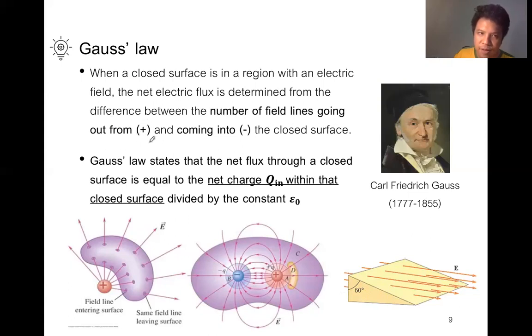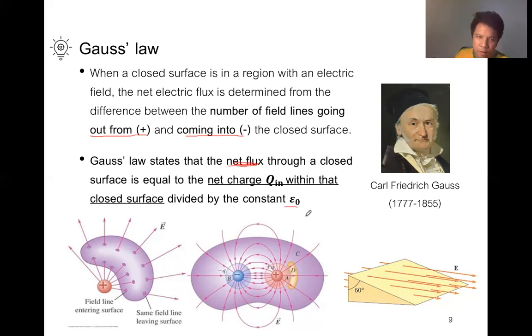As I said, going out is positive, and coming in is negative. So Gauss's law says that the net flux through the closed surface means you need to add up the flux going out and the flux coming in. Okay, plus minus. So the net flux is equal to the net charge divided by the constant epsilon 0.